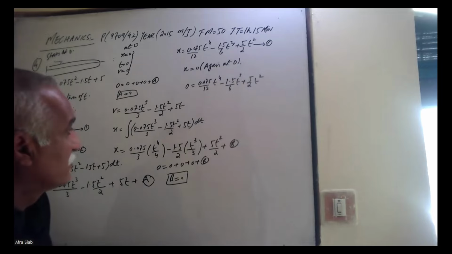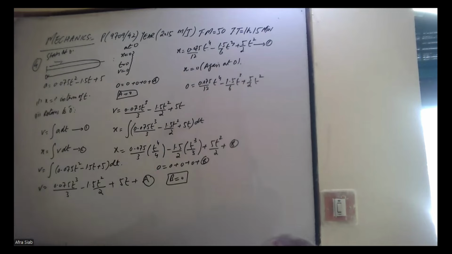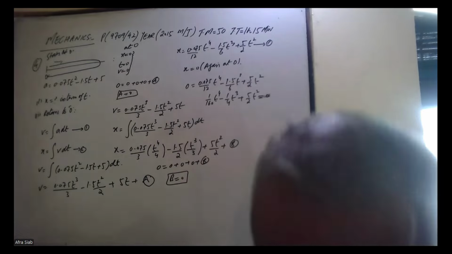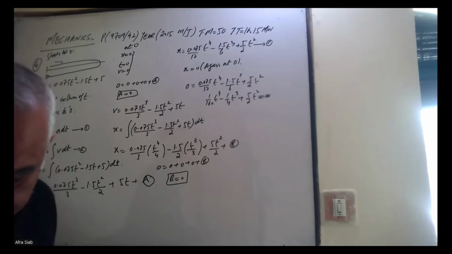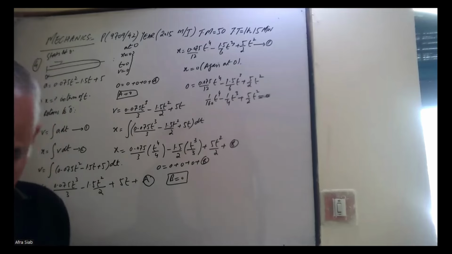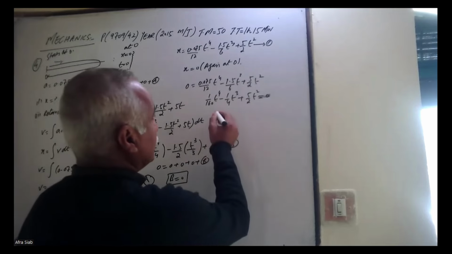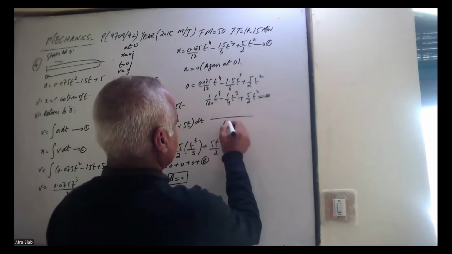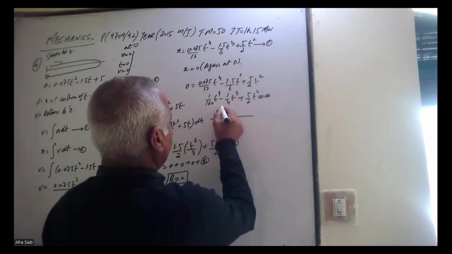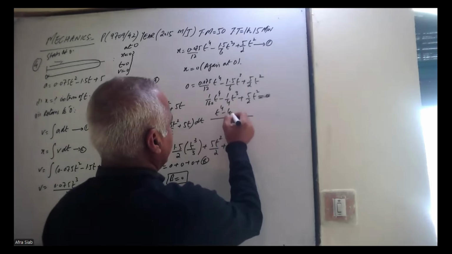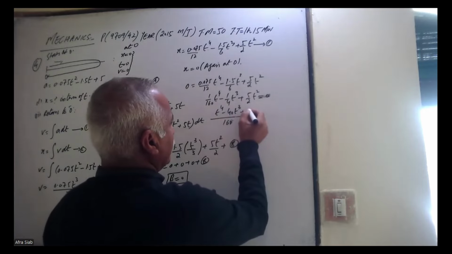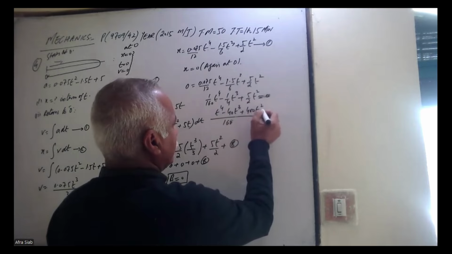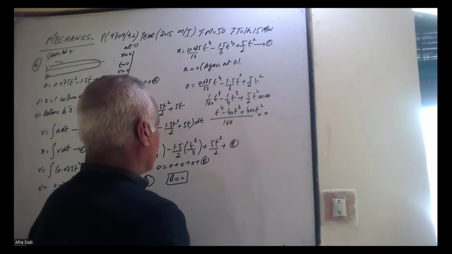So we will solve it one by one in steps. This will come, 160 is the LCM. Then it should be equal to t^4 minus 40t cube plus 400 t square, and that is equal to 0.